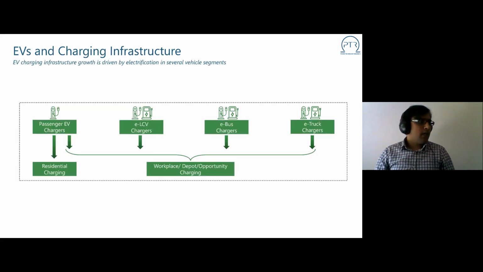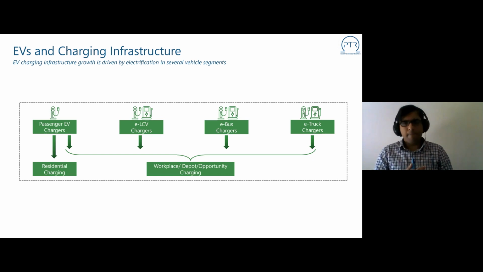Looking into the different sectors from a vehicle point of view, it's very important that we analyze this not only from passenger EVs, because there is a lot of discussion going on around the electrification of passenger EVs and how it is impacting the charging infrastructure.